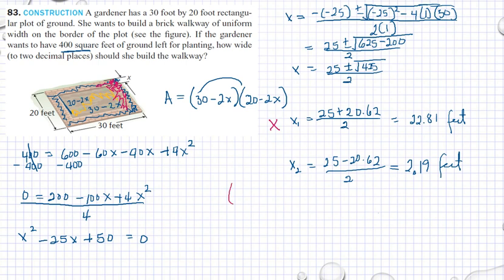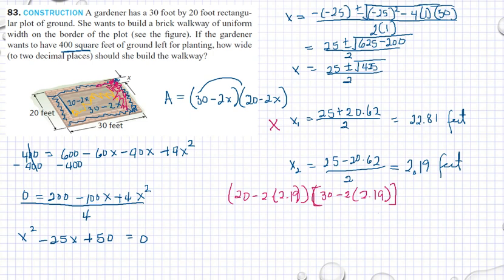Let's check if we get 400 with 20 minus 2 times 2.19 multiplied by 30 minus 2 times 2.19. Maybe it's better to do that.